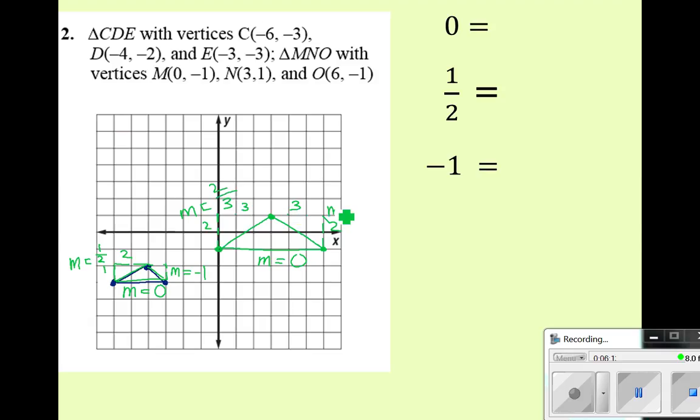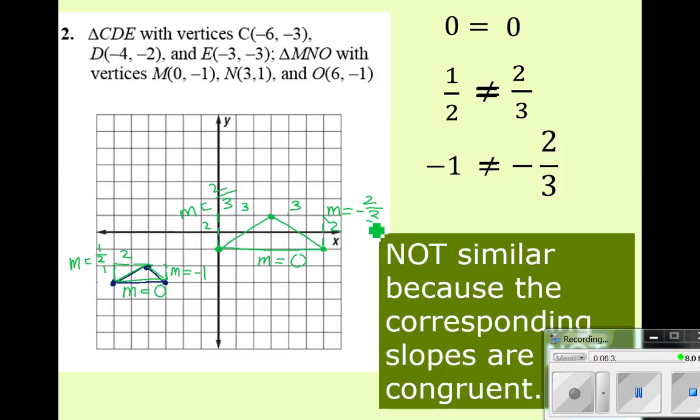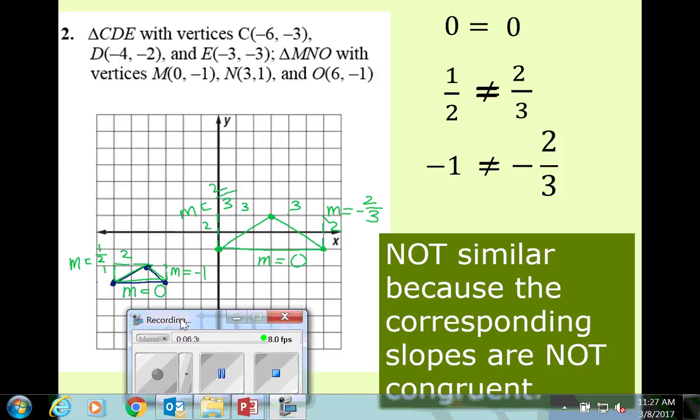So this one is m equals negative 2 over 3. So this is what my answer should have. And I'm going to include, instead of equals, that it does not equal. Because not all the corresponding slopes are congruent, they are not similar. So not similar because the corresponding slopes are not congruent.